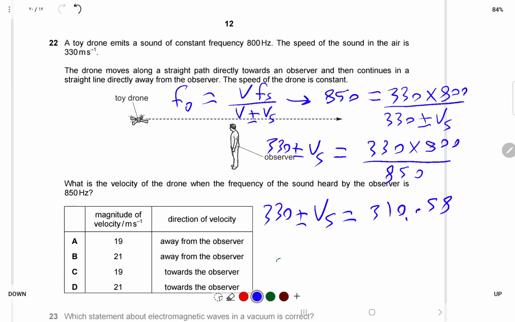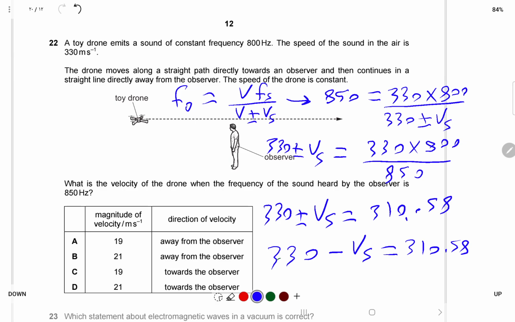Now we have to decide what to choose, plus or minus, and away or towards. Clearly 330 plus a number will not give you 310, so I'm going to choose minus. So 330 minus the velocity of the source is 310.58.